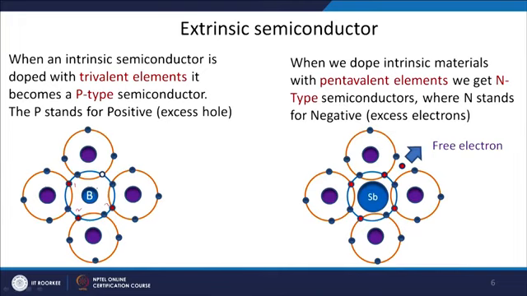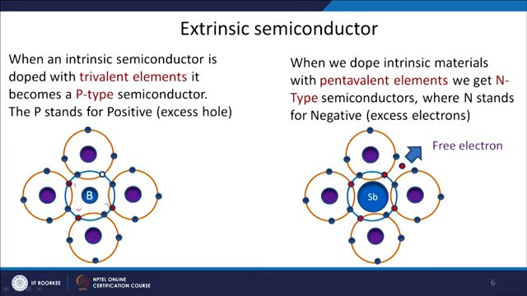So, when you add this kind of element in the silicon, and this is what we call doping, the boron will replace the silicon atom. Earlier, all the silicon atoms were sharing 1 electron each and their shells were getting full with all 8 electrons in the outer shell, okay.